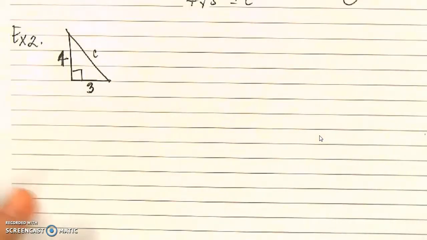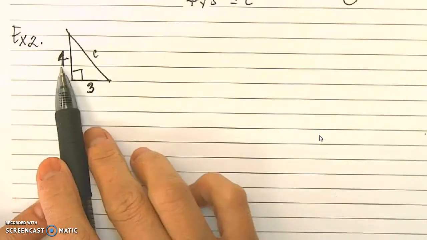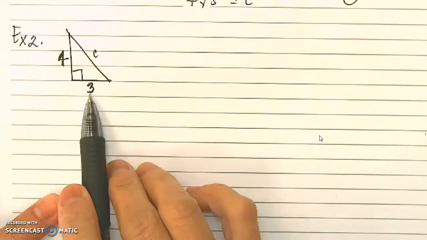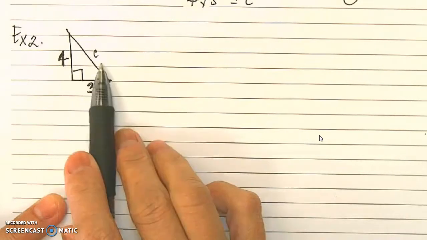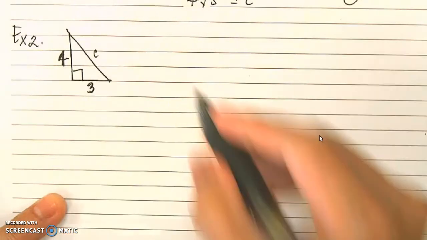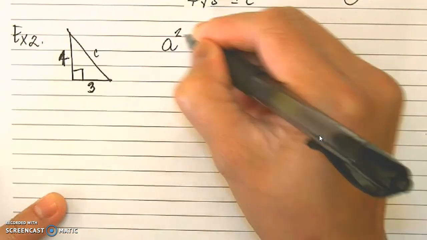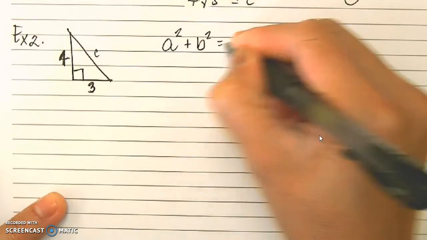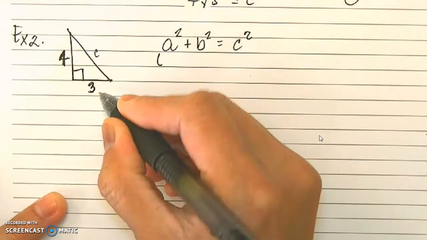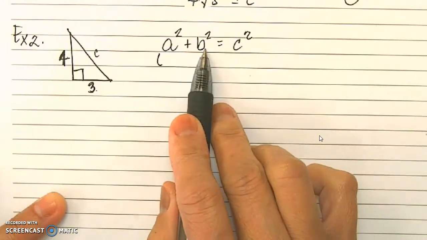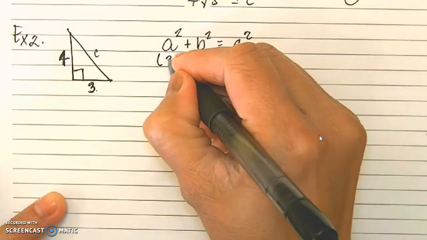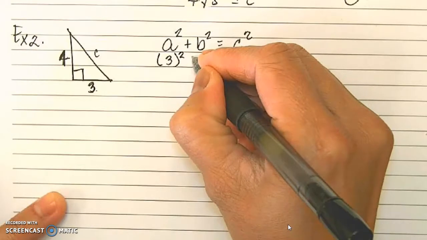Example number 2 is a leg having a value of 4 and another leg value of 3. Look for c. So let us have the same formula. These are the legs, so these are the a and the b. You can interchange them if you like.